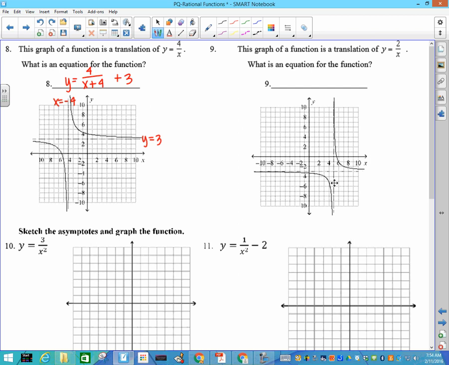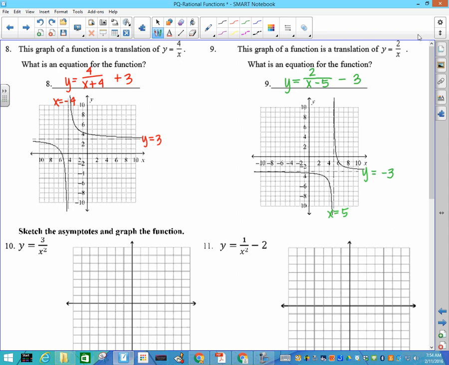So I'm looking at my x, and it looks like it goes through at 5. And I'm looking at my y, and it looks like it's going through at -3. So my function is going to be y equals 2, because it's a variation of this guy, over x minus 5 plus -3, because the y does the same thing.